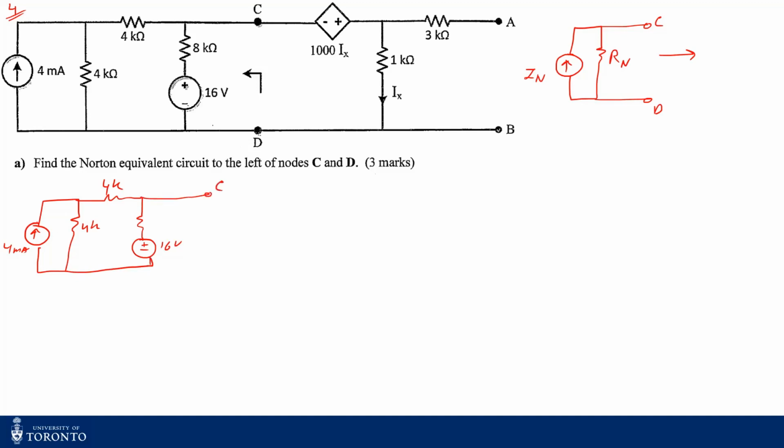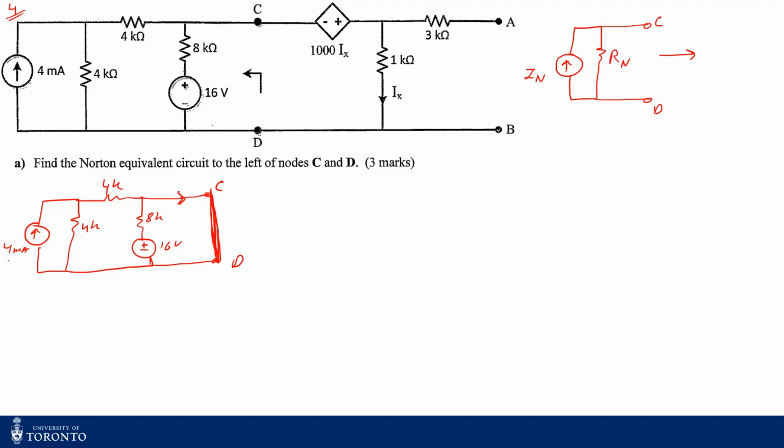For Thevenin, I keep it open, but for Norton, I will have to short circuit it. Once you short circuit it, the current because of this 16 volts will be flowing only into this circuit because there is a short circuit across it.